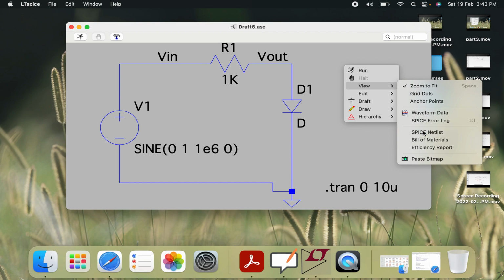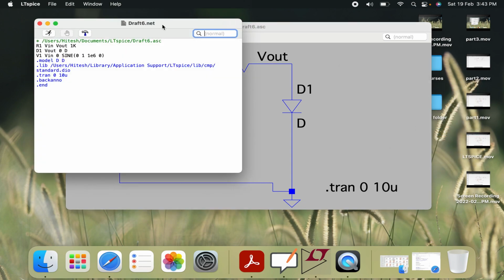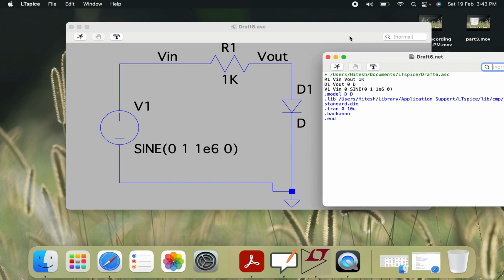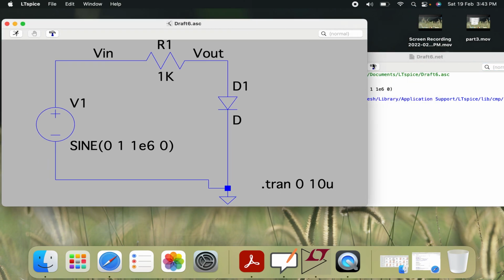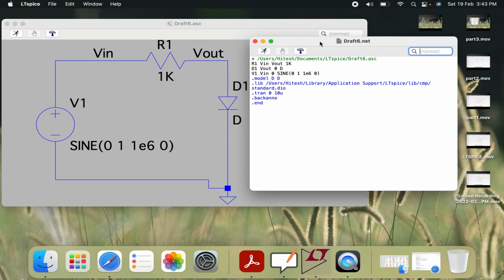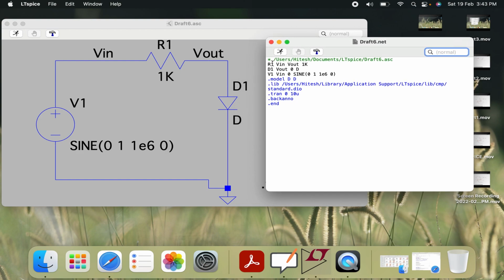And how does it look like? If you look at that, you can compare this graphical part and this netlist. I can see there are three different components, whose names are R1, D1 and V1. And R1 is defined between two ports, V in and V out, and whose value is 1k. So the same thing is written: R1, V in, V out and 1k. That's the meaning of the netlist.